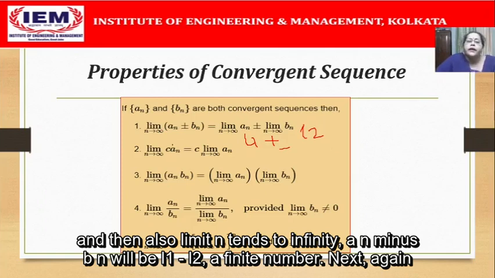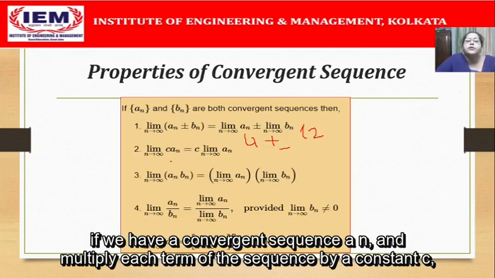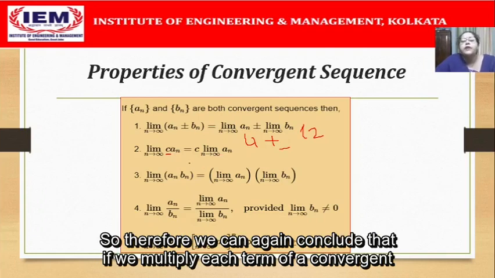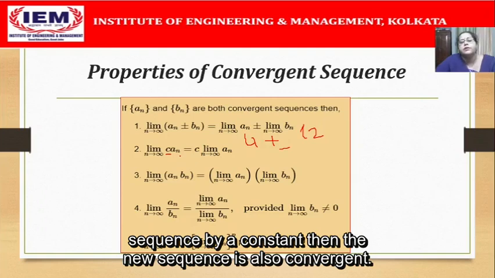Next, again if we have a convergent sequence a_n and multiply each term of the sequence by a constant c, then limit of c a_n is equal to c times limit a_n, which is a finite number. So therefore we can again conclude that if we multiply each term of a convergent sequence by a constant, then the new sequence is also convergent.